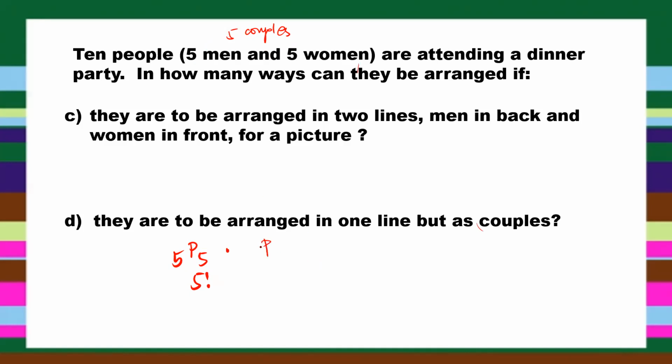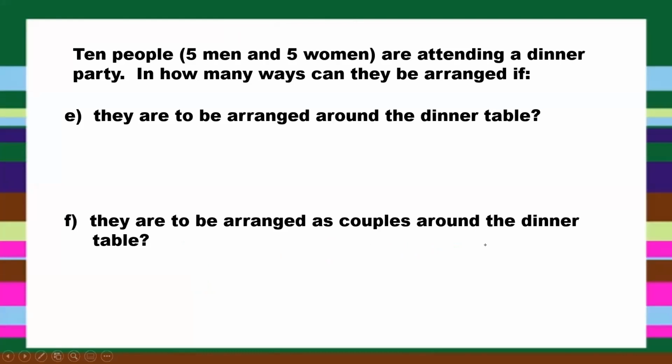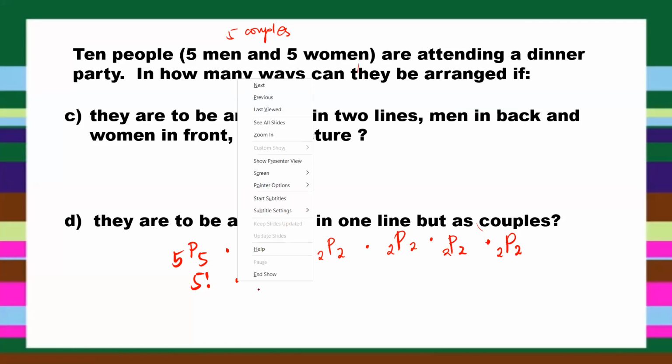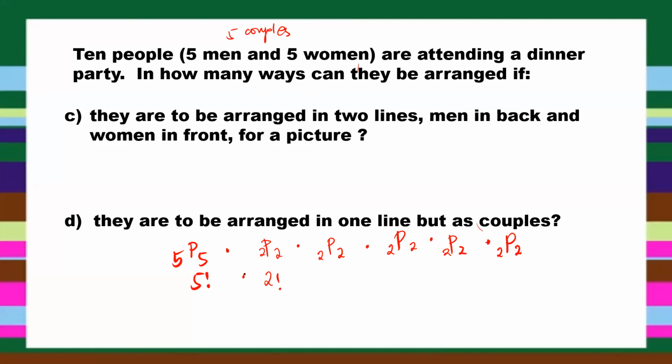So that's permutation of 2 taken 2 for each of the 5 couples. Or simply 5 factorial times 2 factorial times 2 factorial times 2 factorial times 2 factorial times 2 factorial.